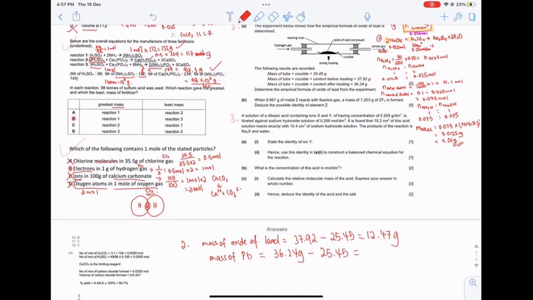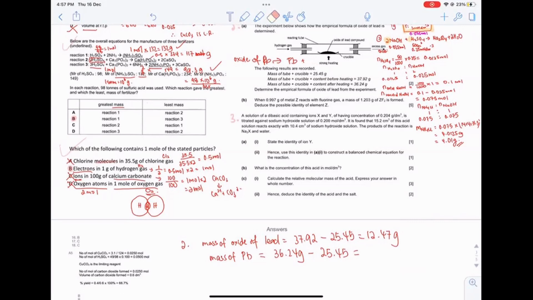So again, I'm going to repeat this. You are heating it because we don't know what the formula is. So we can only say that roughly this setup is a reduction setup. The hydrogen will reduce the oxide of lead, so oxide of lead will become lead, plus, of course, probably oxygen or water.